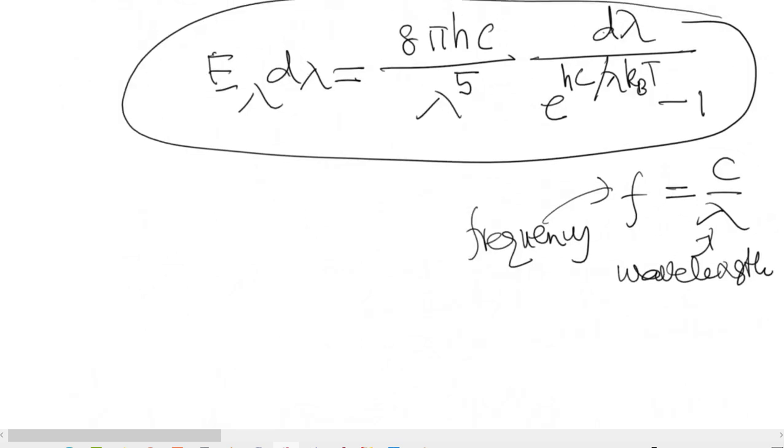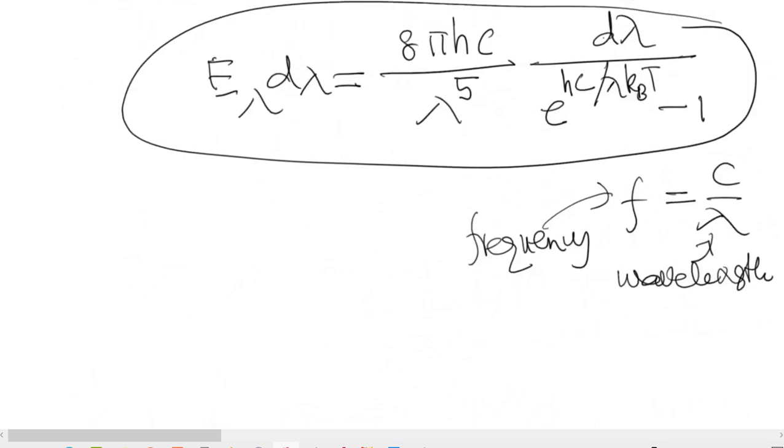Now it is interesting that if we plot this spectral energy density E lambda with respect to lambda, then the experimental curves, experimental graph of Lummer and Pringsheim is obtained by using this.